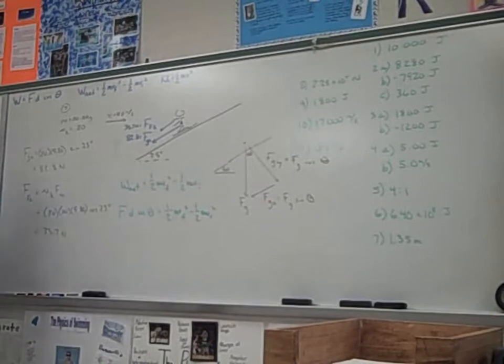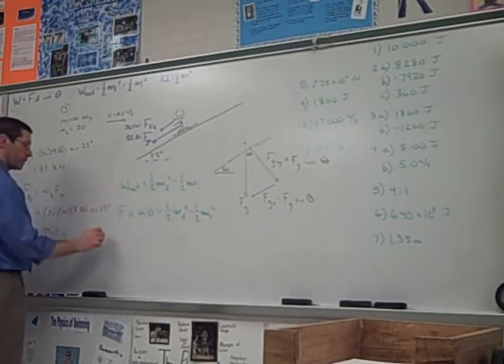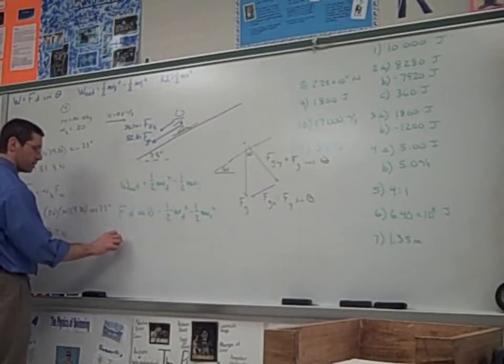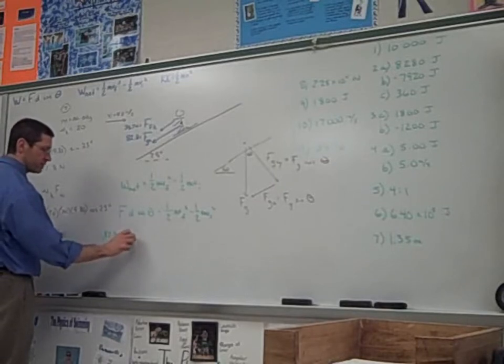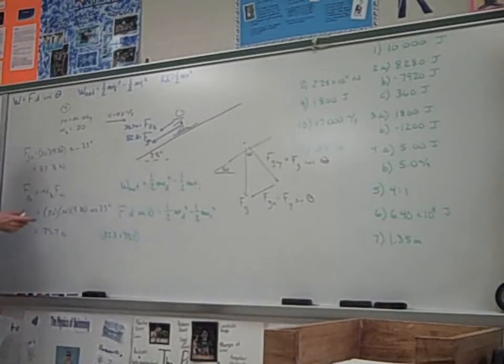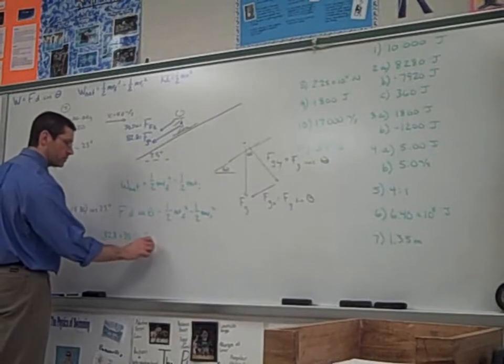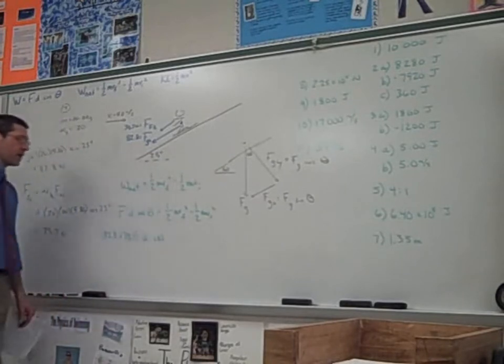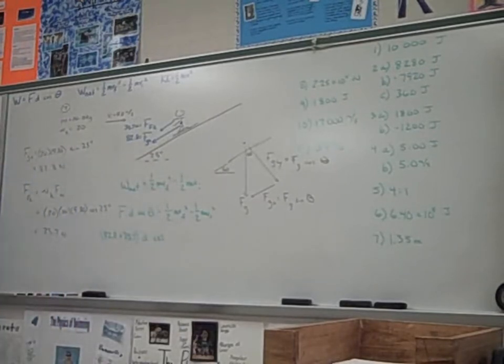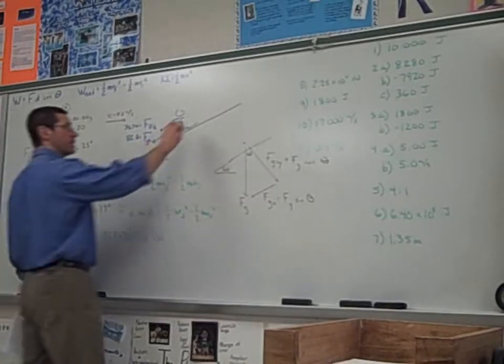So the total force is going to be these two, 82.8 plus 35.7. How far up the incline he goes is what we're looking for. And the cosine, what's the angle between the direction of the displacement and the direction of the forces? Common mistake, right? The displacement is up.